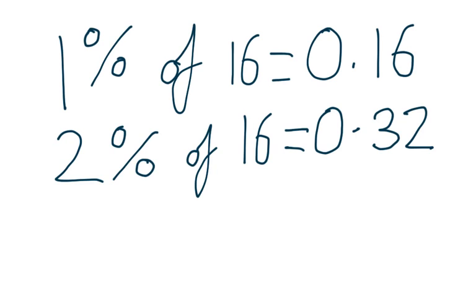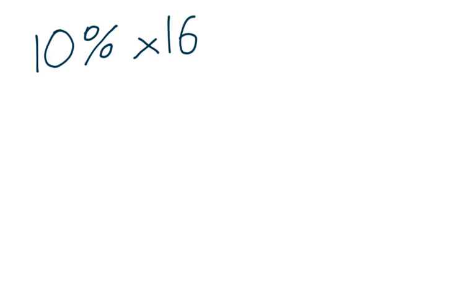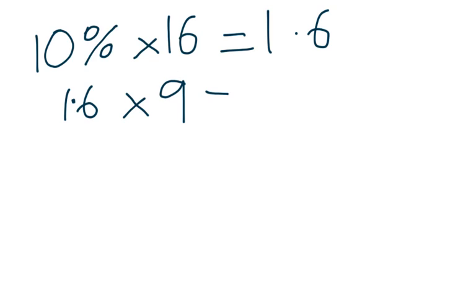What you could do, let's have a look, is think, right, 10% of, or times 16 was 1.6. Now, if I do that 9 times, so 1.6 times 9, that would give me 90%.